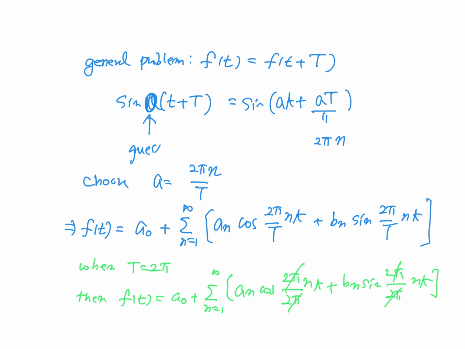The trick is replace 1 by 2 pi over T. So as before, right? Right. Can I move on?